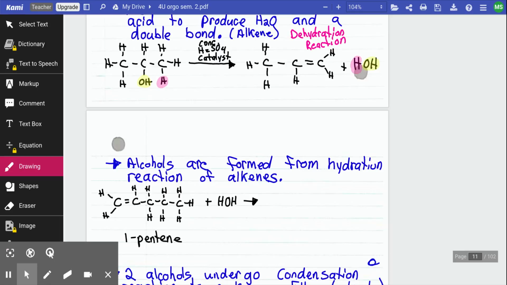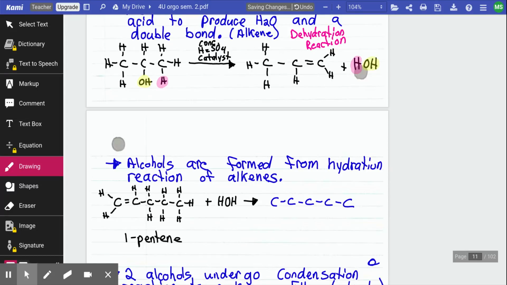All right, so hydration, going from an alkene to an alcohol. Your parent chain is going to stay the same. So you're going to have 5 carbons. That's not going to change. So we're going to draw those in, hopefully. 1, 2, 3, 4, 5. All right. I always leave hydrogens off until the end.